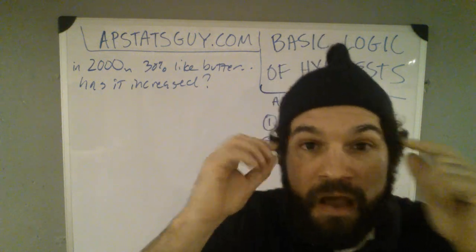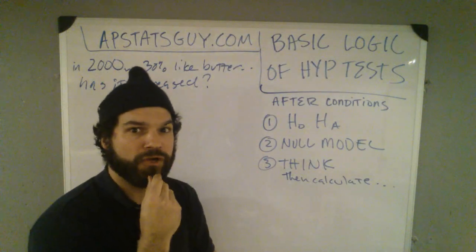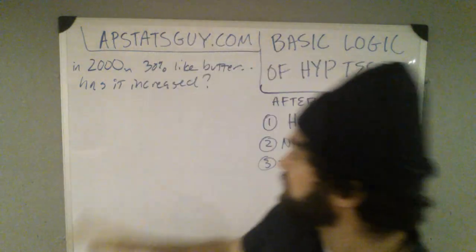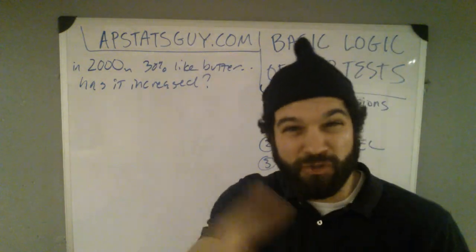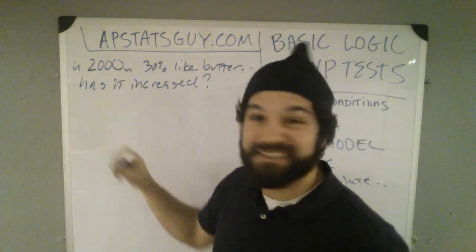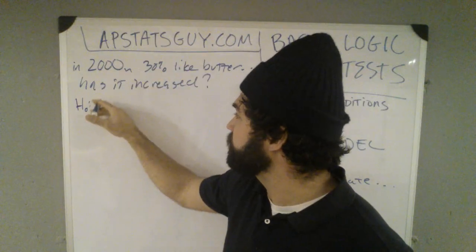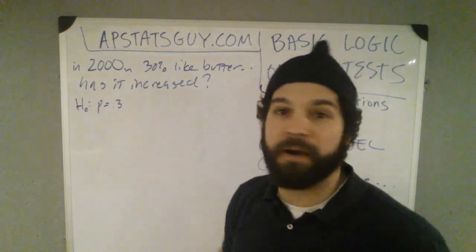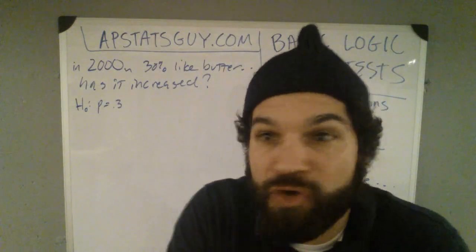I think, okay, I need to do step 1. Ho-Ha, null and alternative. Well, if back in 2000, 30% liked butter, I'm just going to assume 30% still like butter, and there's my null hypothesis. I want to see, has it increased? That's what I'm going to try to prove.